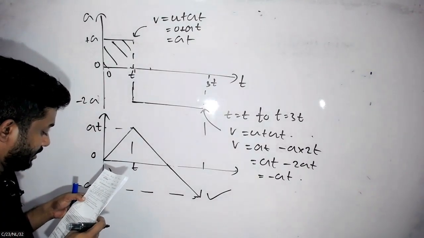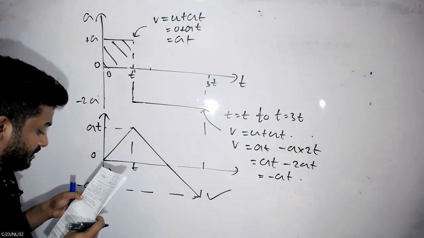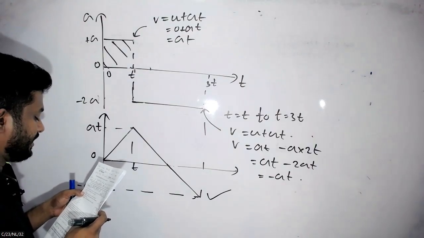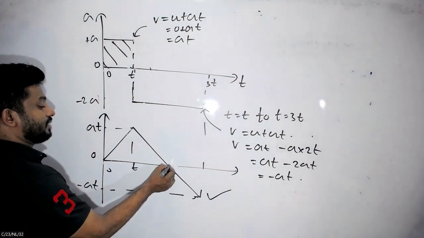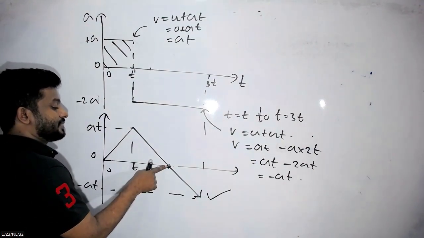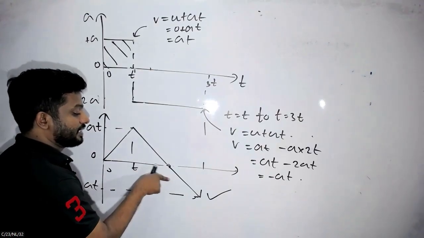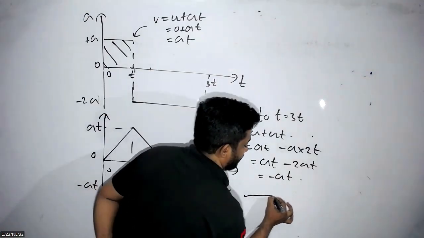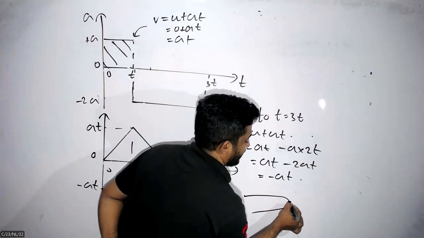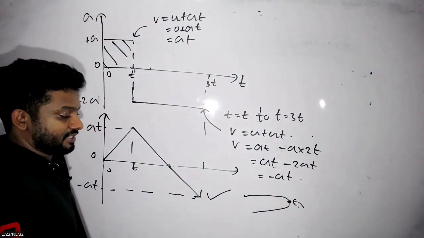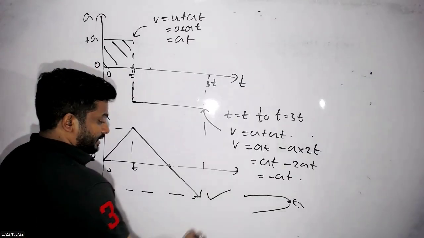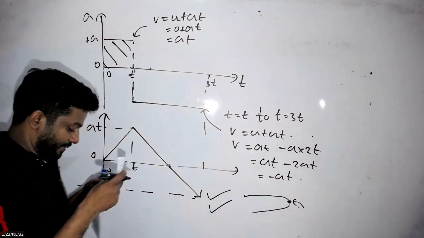B, during this motion, the object must come to instantaneous rest at an instant. At this instant, the object's velocity becomes 0 and it turns to the opposite direction. At this point, the object is instantaneously at rest. Therefore, the second statement is a correct statement.